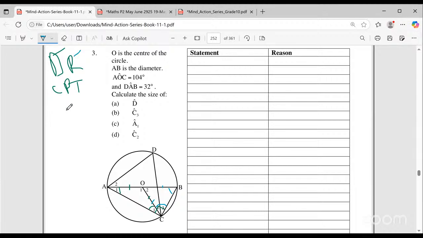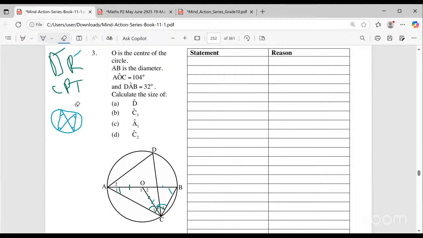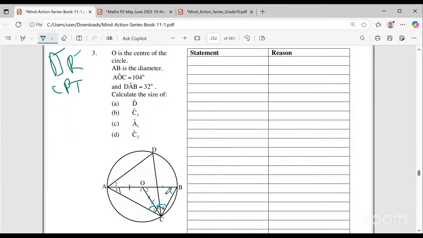Then AC, a cyclic quad. That is the family of the cyclic quad properties: this angle is equal to that angle and this angle is equal to that angle. I can see it here.